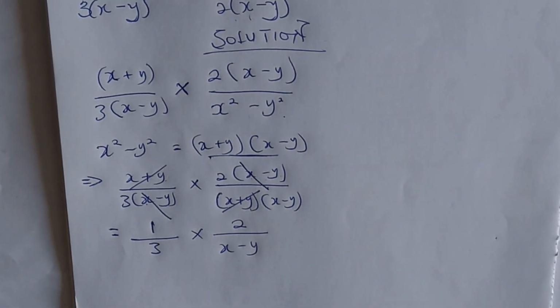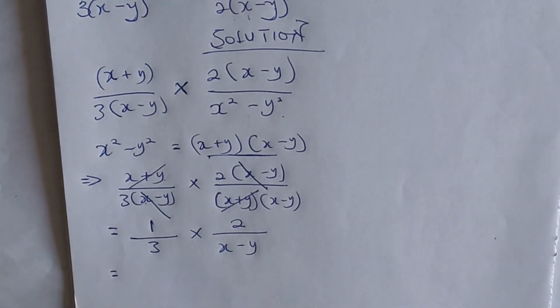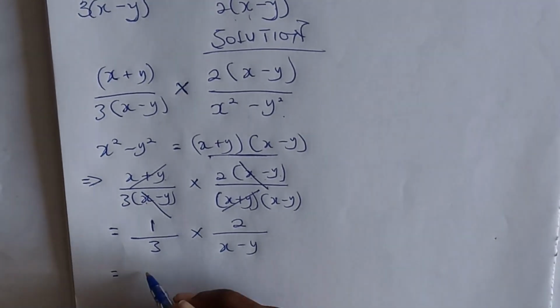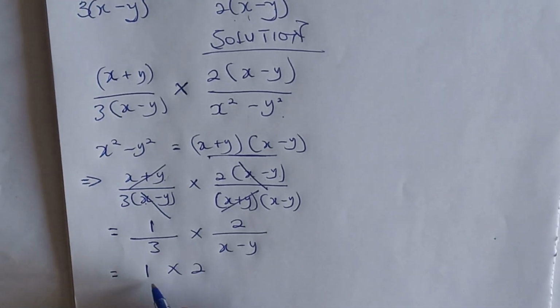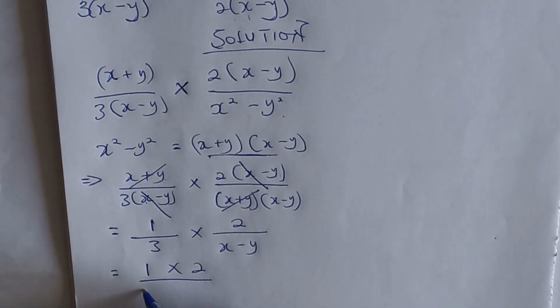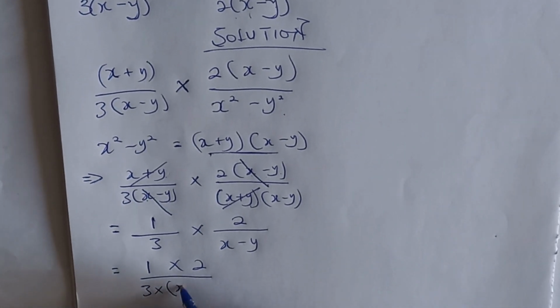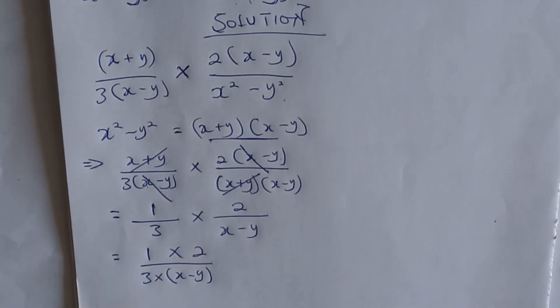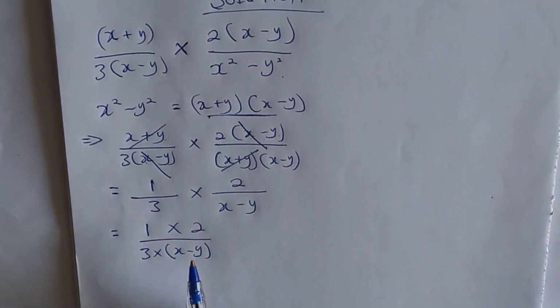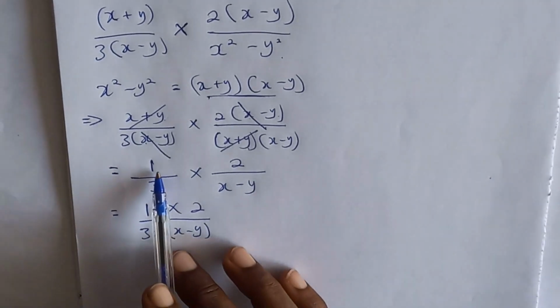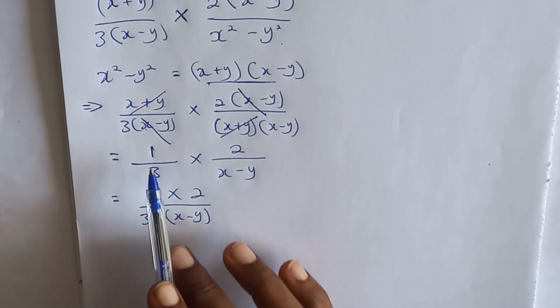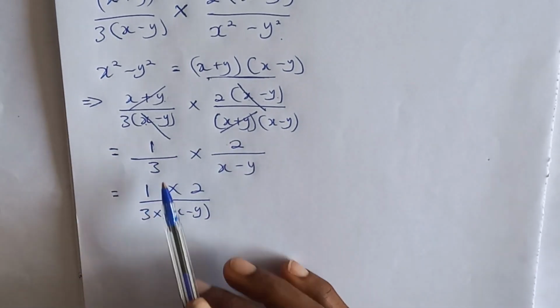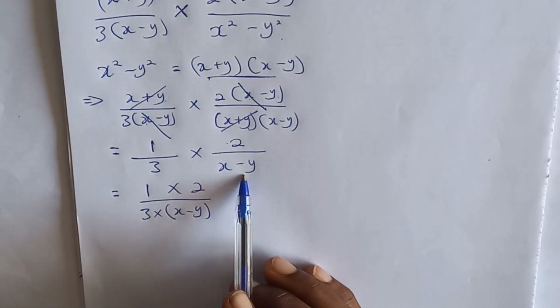Good. So to continue with this, we are going to get 1 times 2 on 3 multiplied by (x minus y). Okay, since it's multiplication, it means that we are going to multiply the numerator by the numerator, then denominator by denominator.